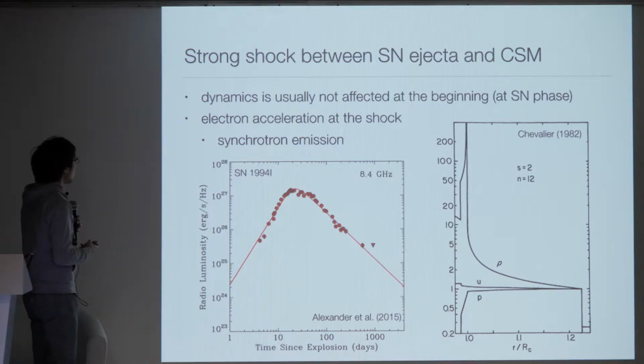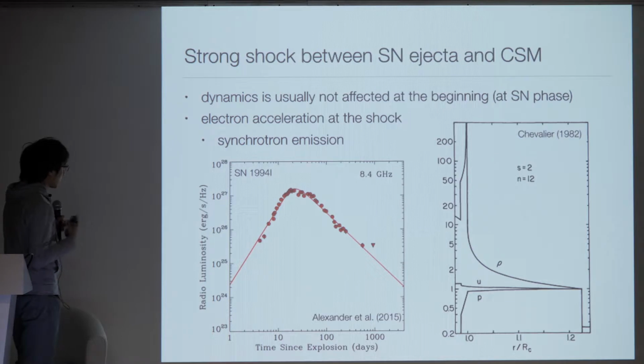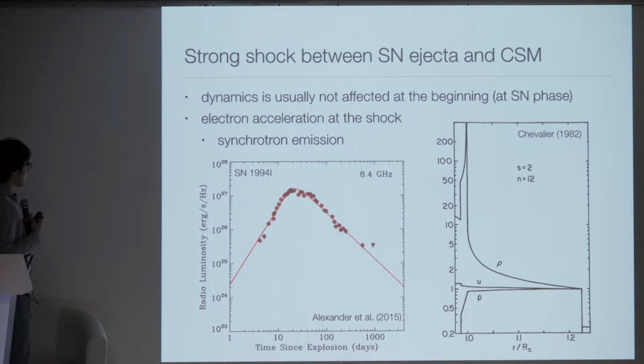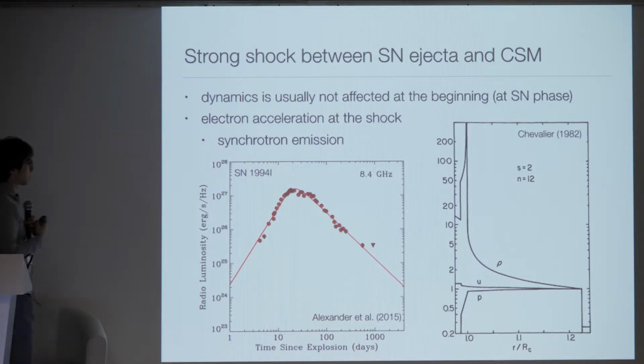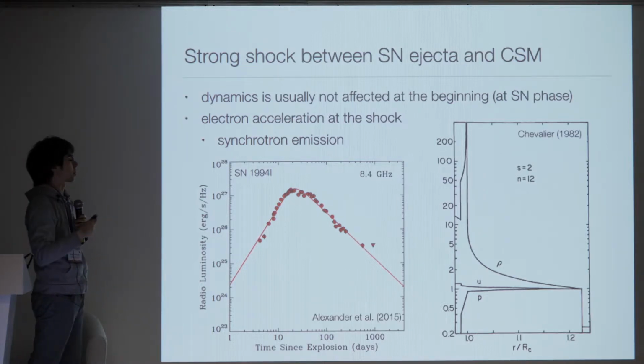So you don't expect much effect on the supernova properties. But what we can see is that at the forward shock, some electrons can be accelerated. So there can be synchrotron emission from this interaction between the forward shock and the circumstellar matter.